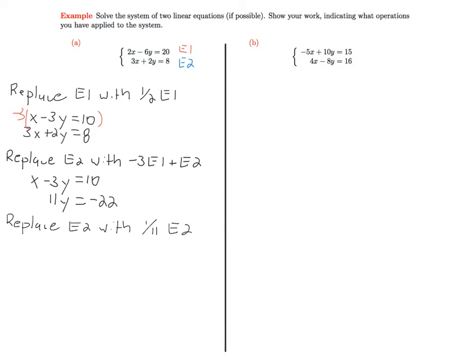So I'm going to multiply equation E2 by 1/11, and now equation 1 is x minus 3y is 10, and equation 2 becomes y is equal to minus 2. And so when we have the equation written in this form, we'll define this more clearly on the next slide, but we call this form of a system of equations the triangular form.